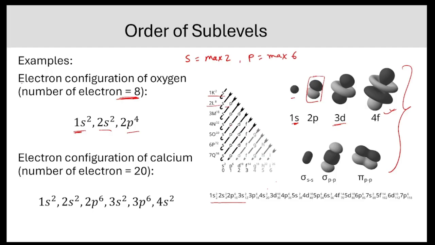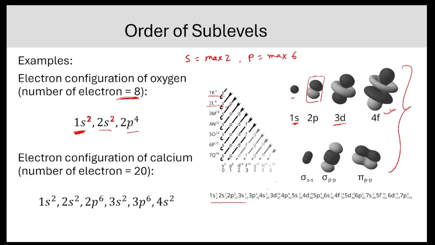So the first subshell, in the first block, we have 2. In the second, 1s, and the second, 2s, the s subshell again can have 2 electrons, and then we have p.